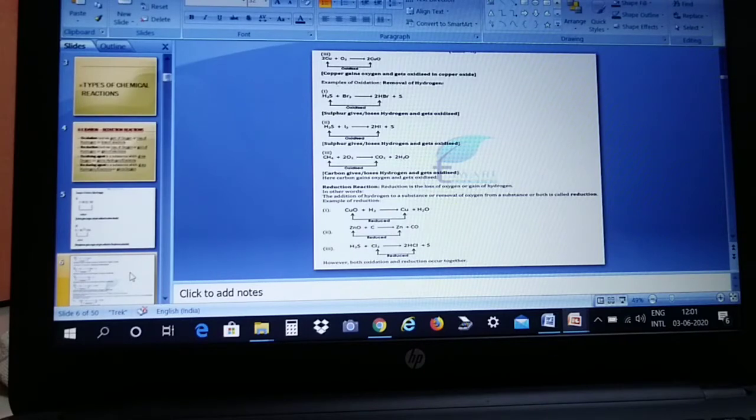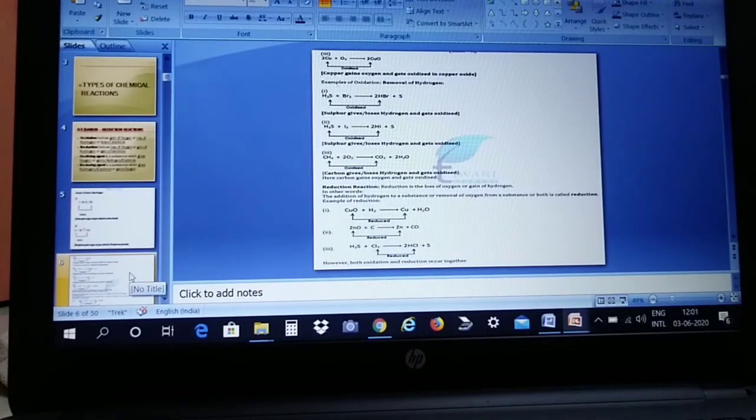When they react, copper is formed plus water. So copper oxide here is getting reduced to copper, as marked with the arrow. In all such equations, wherever oxidation and reduction are happening, the arrow is shown.